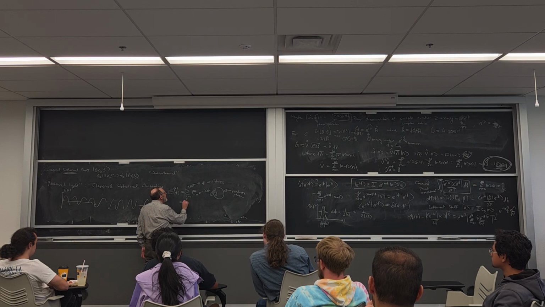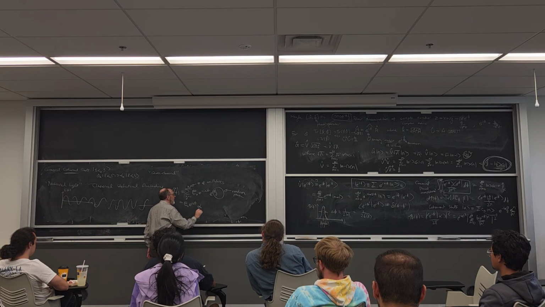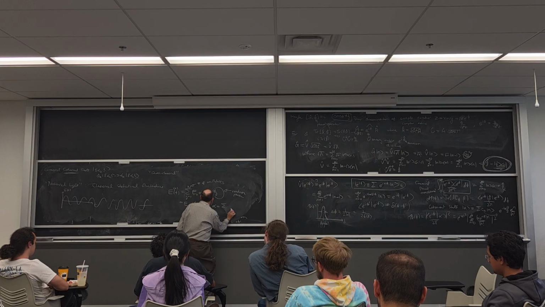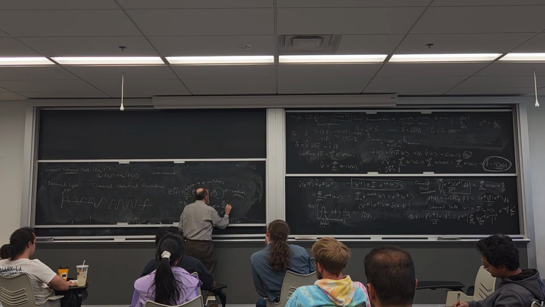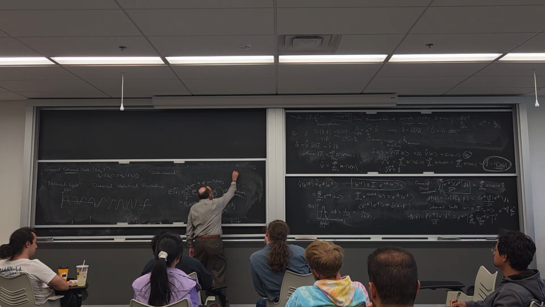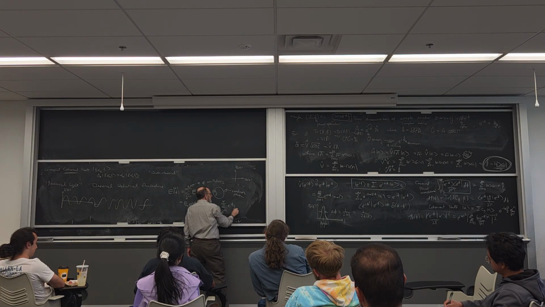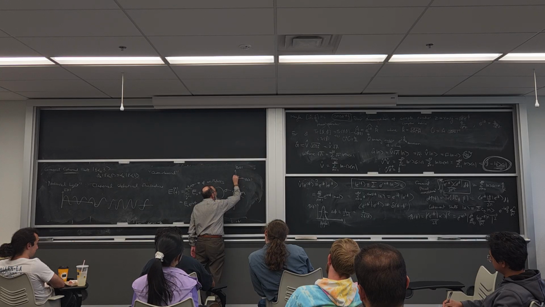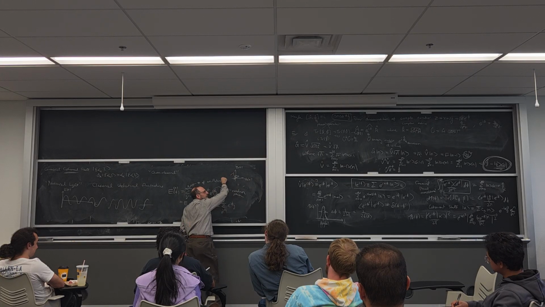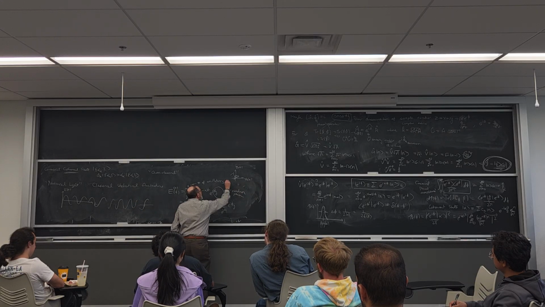I can redefine this, let's bring this outside here, times some alpha, where alpha is the sum from j equals 1 to n of these random phases. So if I were to look at the phase plane, alpha is the sum of unimodular complex numbers. It's that, added to that, added to that, added to that. And it does some random thing, and at the end of the day, here's alpha.